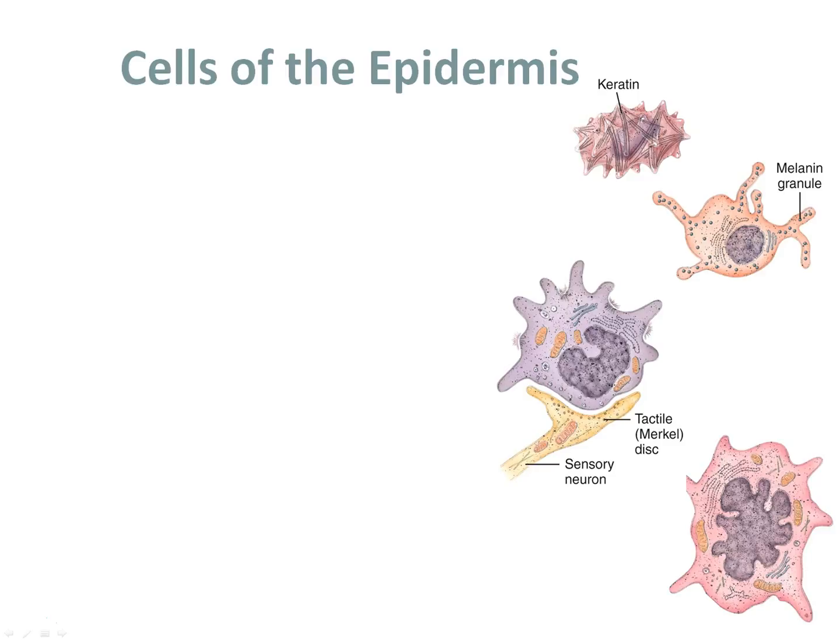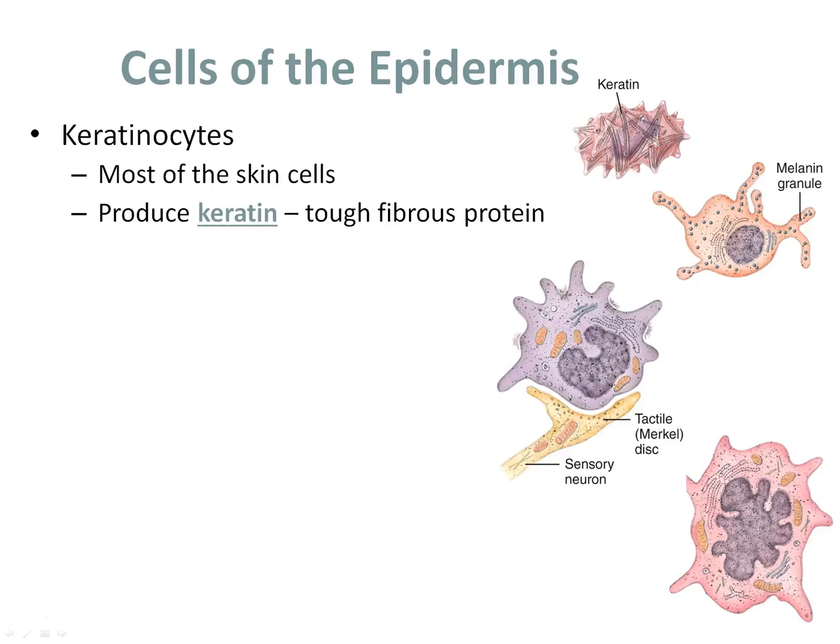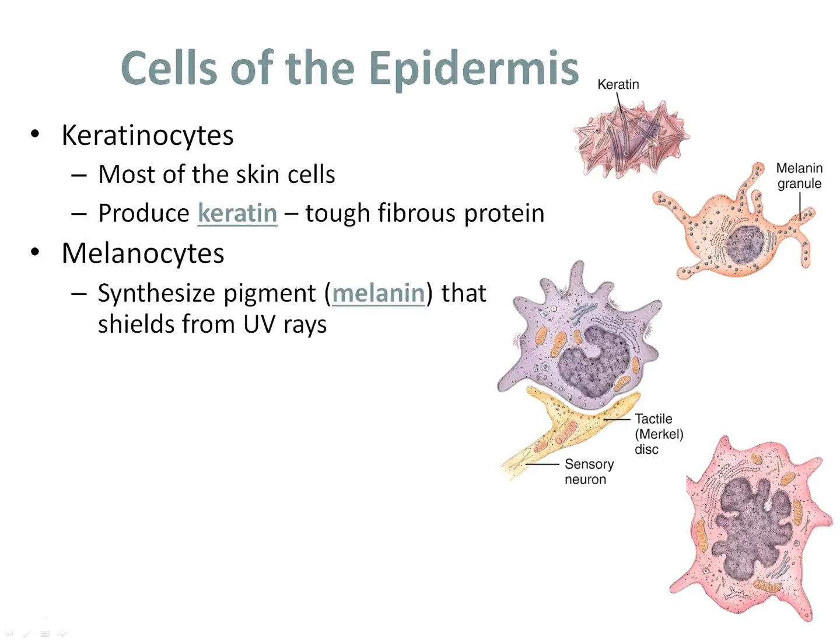The cells that we find in the epidermis, that portion that is keratinized stratified squamous epithelium, include keratinocytes. These are going to be most of our skin cells, and the job of these cells is to produce keratin. Keratin is a tough, fibrous protein. We also have melanocytes.